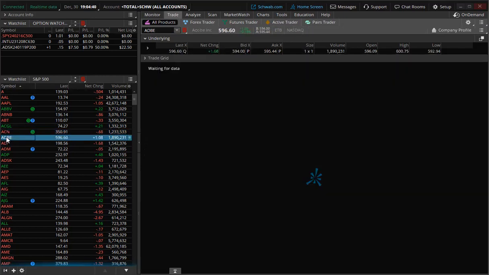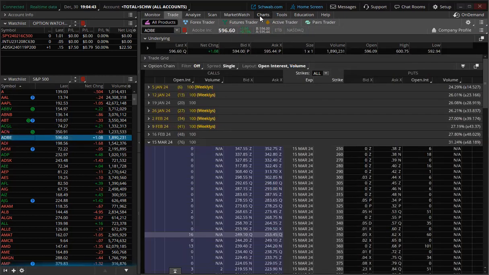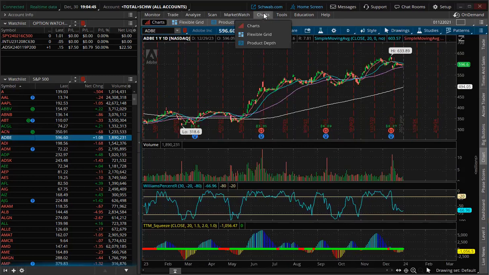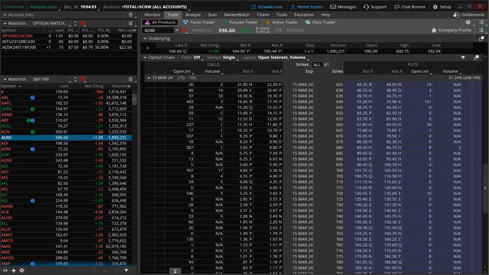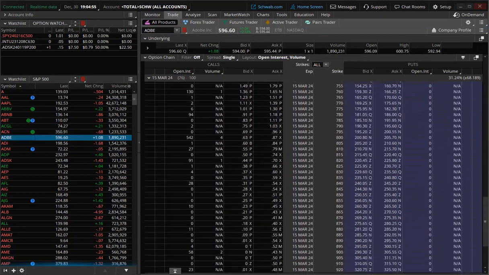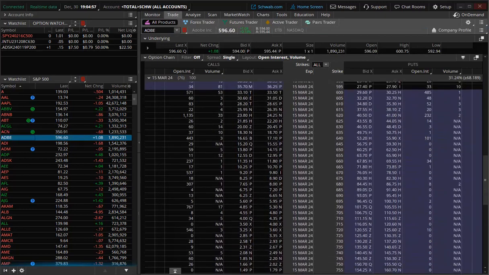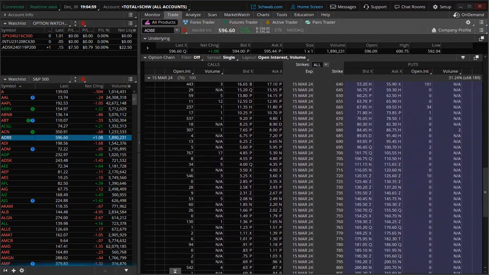And actually, let's see how Adobe looks. Hey, Adobe almost looks the same. Adobe. $85, $35.